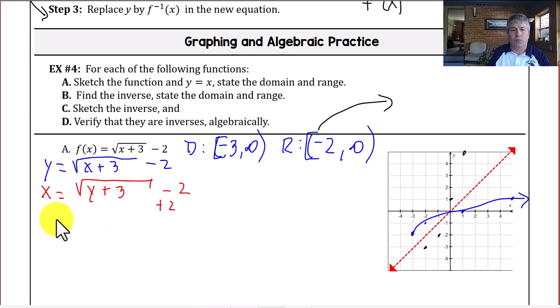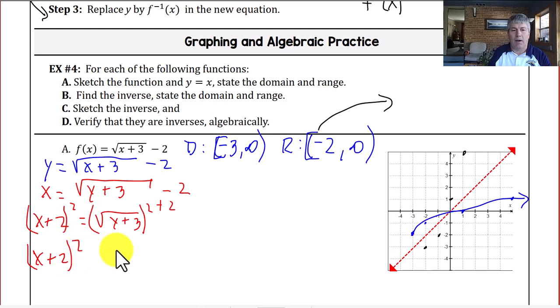So we add 2 to both sides, and we get x plus 2 equals the square root of y plus 3. And then we square both sides. So show all this work, and we get x plus 2 quantity squared equals y plus 3, and x plus 2 squared minus 3 equals y.